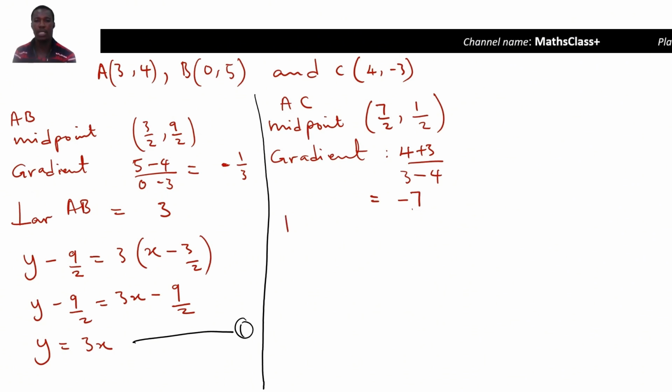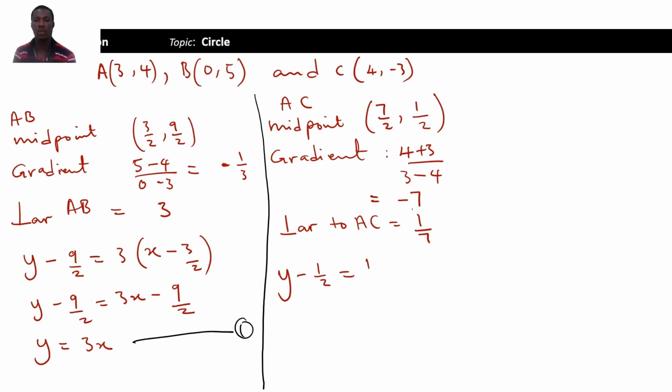And a line perpendicular to AC will have a gradient of positive 1 over 7. So that line also passes through the midpoint, and so the equation will be y minus 1 over 2 is equal to 1 over 7 multiplying x minus 7 over 2.